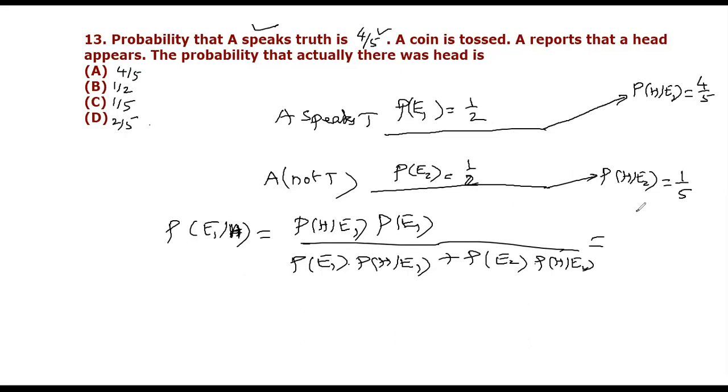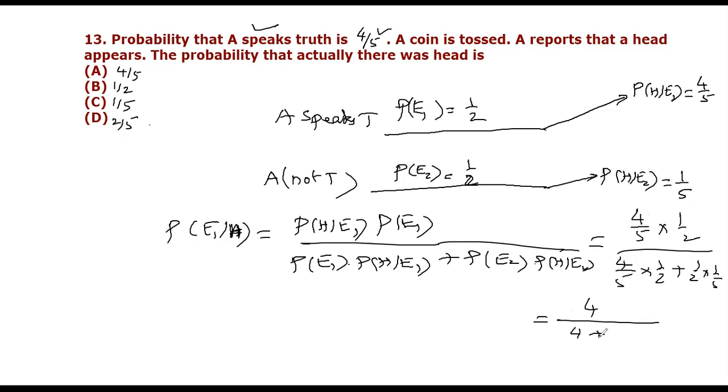So we get 4 by 5 into 1 by 2 upon 4 by 5 into 1 by 2 plus 1 by 2 into 1 by 5. Taking 10 as the LCM, we get 4 and here 4 plus 1. So 4 by 5 is the probability that there was actually a head when he speaks the truth.